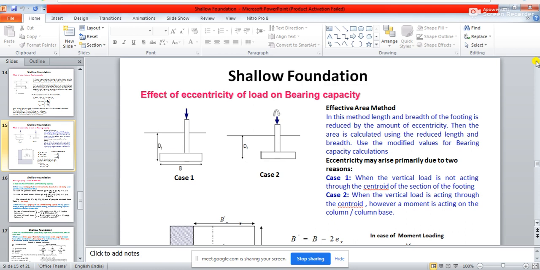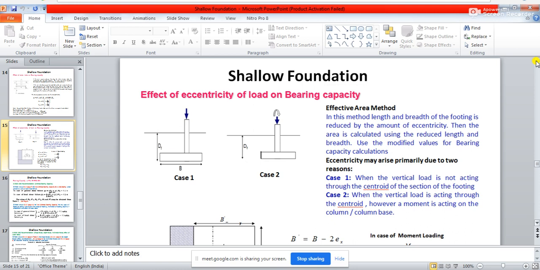How do we modify the general shear failure equation into a local shear failure equation? Terzaghi mentioned that if you want to change the general shear failure ultimate bearing capacity to local shear failure ultimate bearing capacity, you take the cohesion as 2/3 of the original cohesion, and for the angle of internal friction, tan phi m is equal to 2/3 of tan phi.